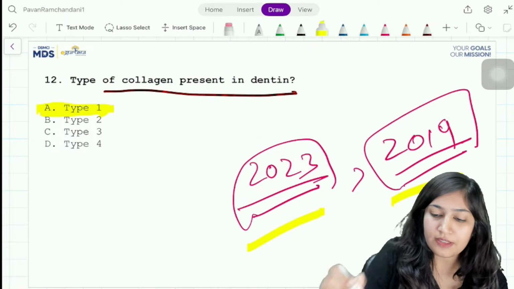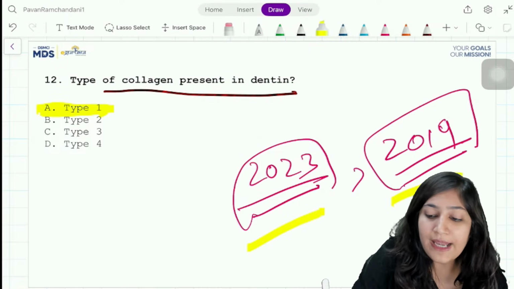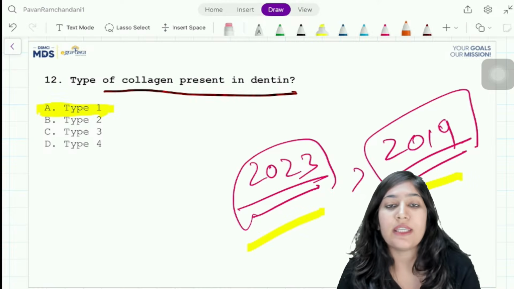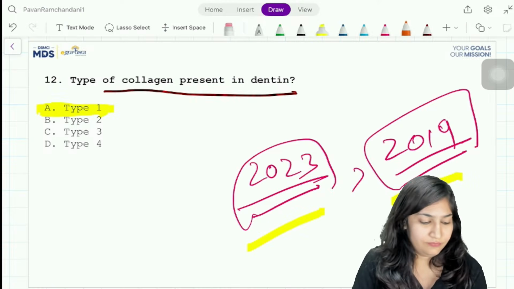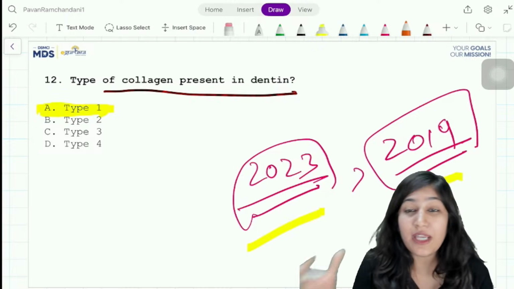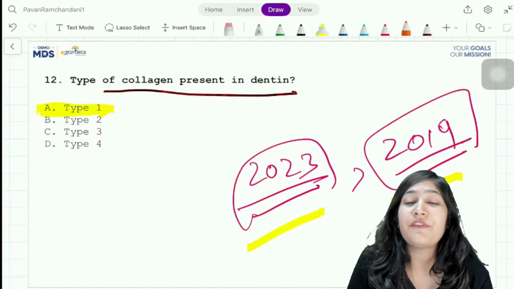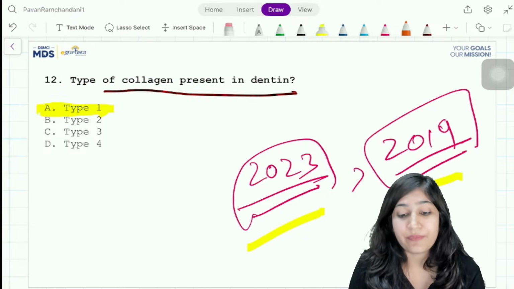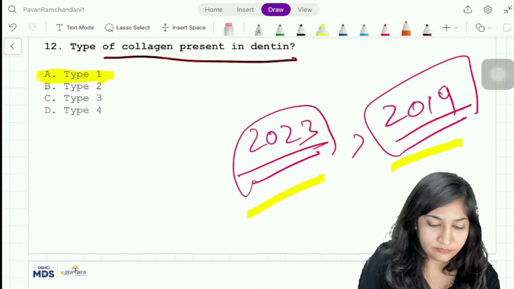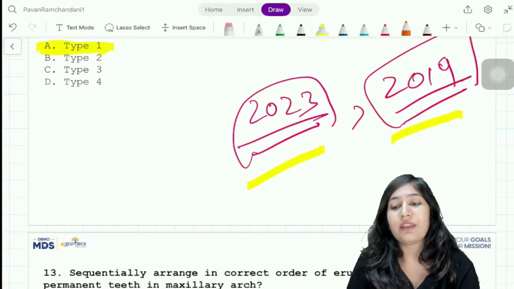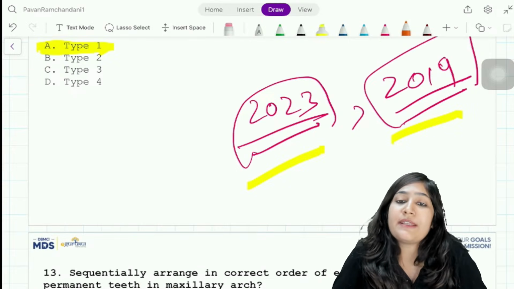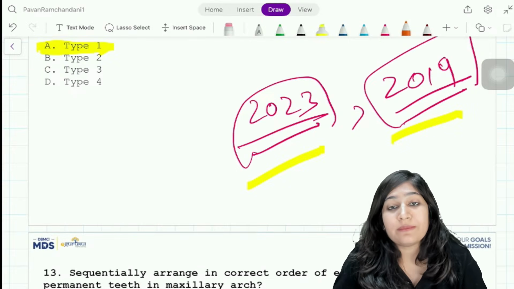Type 1 collagen. Mostly, 90% is type 1 collagen in dentin. We have type 3 collagen in dentin also. In which type of dentin do we have type 3 collagen present? Can anyone answer this question? Type 3 collagen is present in which type of dentin?